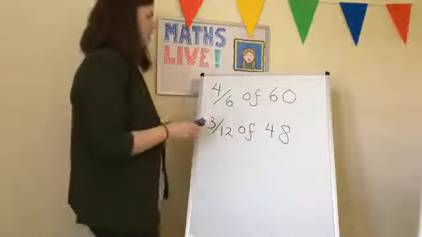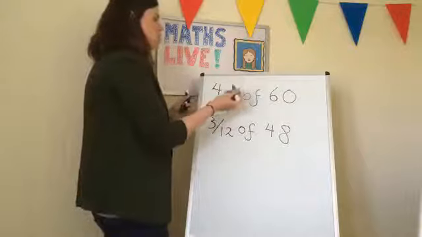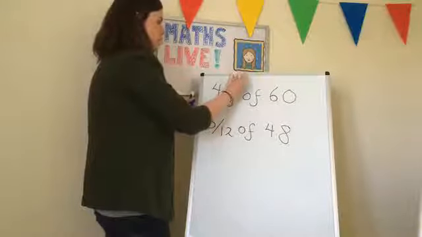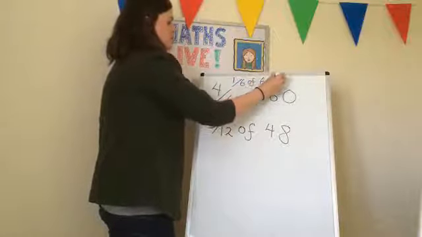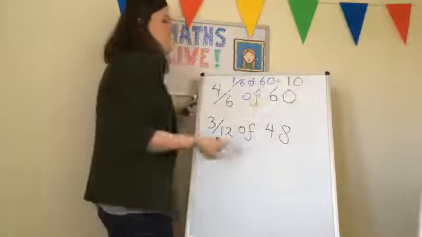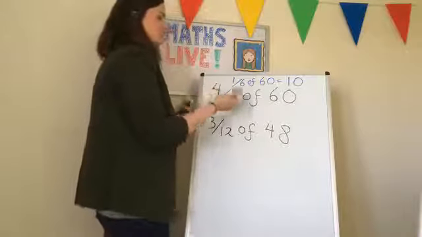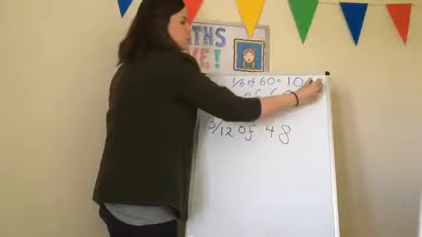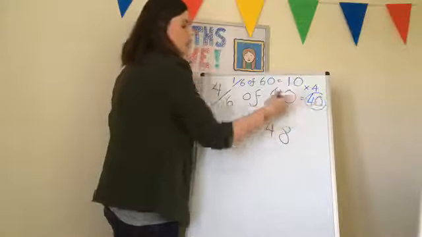So, 4/6 of 60. So we want to find 1/6 first. So 1/6 of 60, let's do it up here. How many 6s are in 60? We know that is 10, but we don't want 1/6 of 60. We want 4/6 of 60. So we times our answer by 4, which is 40. Well done.